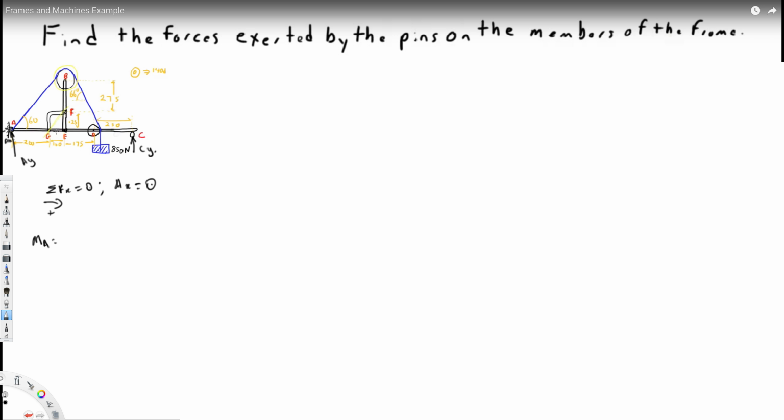Then I have this 850 kilonewton pushing this object down, and therefore it's going to be acting clockwise, right? And the distance is 475.